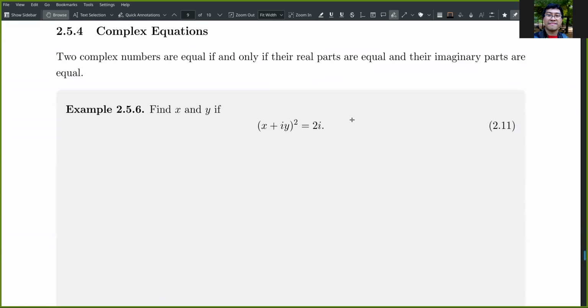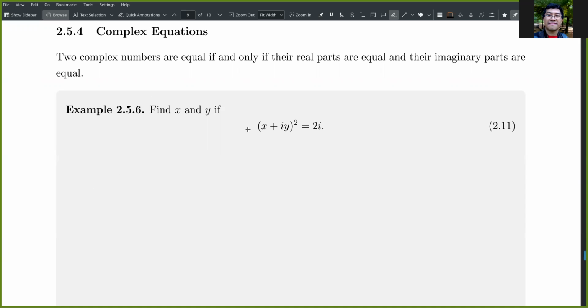Let's solve an equation of complex expressions, an expression where the real and imaginary parts are variables x or y. Generally, two complex numbers are equal if and only if their real parts are equal and their imaginary parts are also equal.